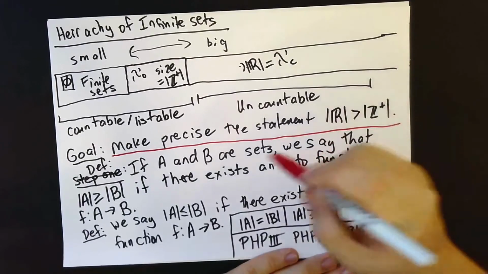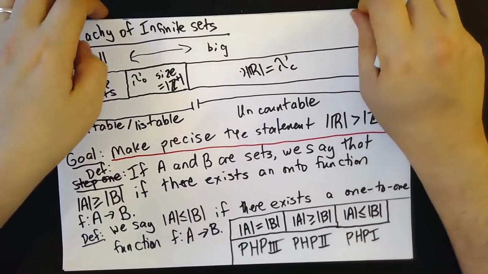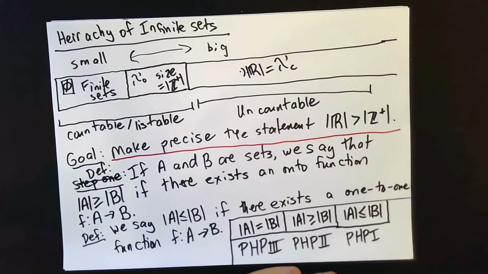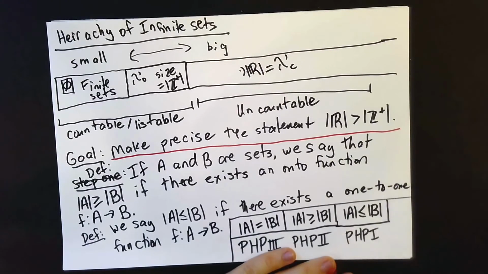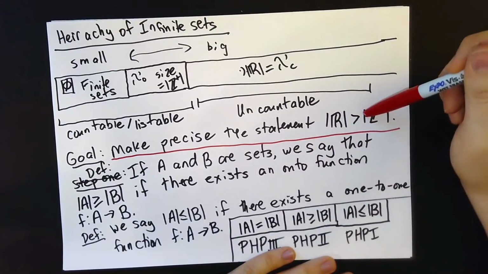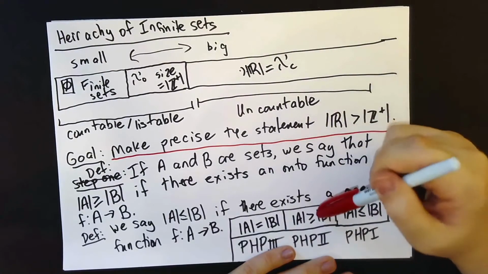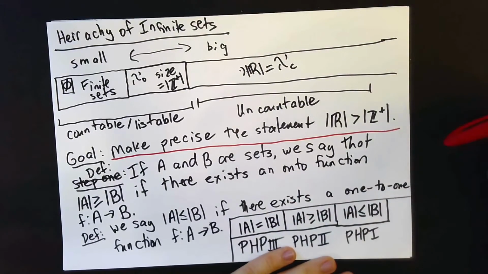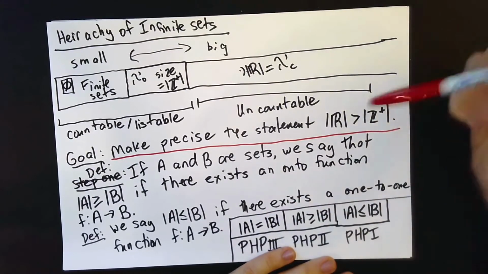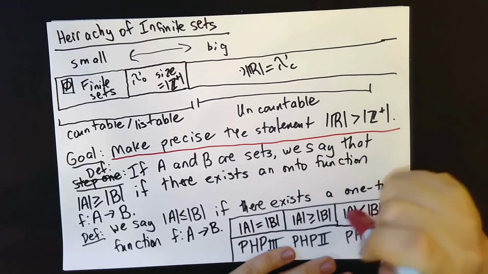And notice I have not defined that. But I now have all the pieces. Because if I know greater than or equal, and I know equal, then greater than should be greater than or equal and not equal. And strictly less than should be less than or equal and not equal.